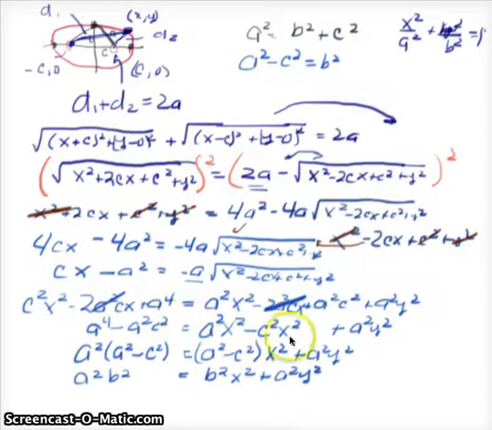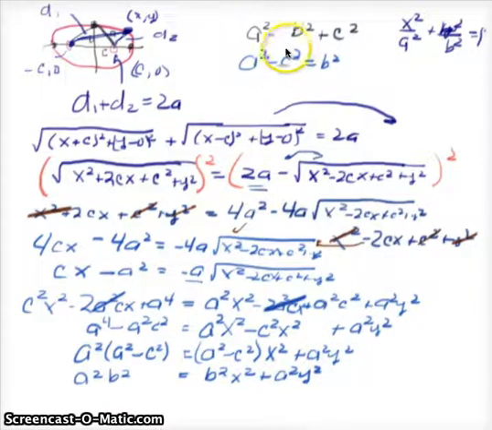I moved this term over here to the right and then just dropped that term down. Now notice I factored a squared x squared out of that. So I got a squared minus c squared. And here in these two terms I factored out the x squared, so I have a squared minus c squared, and then I just dropped that down.